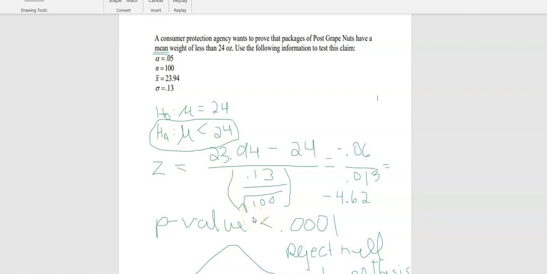We look up our test statistic on our standard normal chart. Now, very important, this was a less than. We looked up our amount or our proportion on our standard normal chart, and we were just able to pull it off with a less than. We'll look at what we do if it's a greater than or not equal to soon.